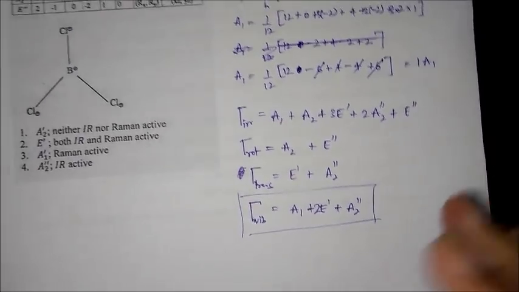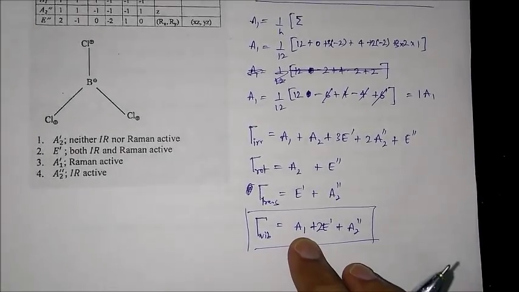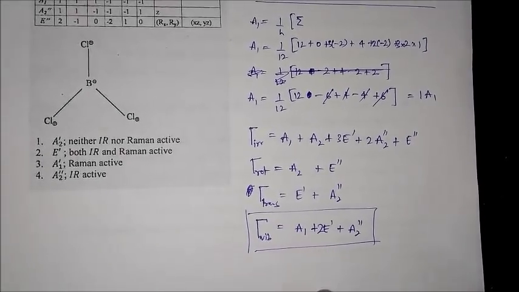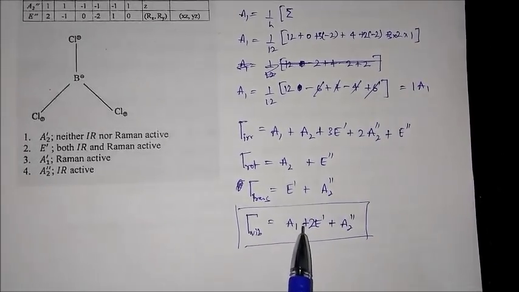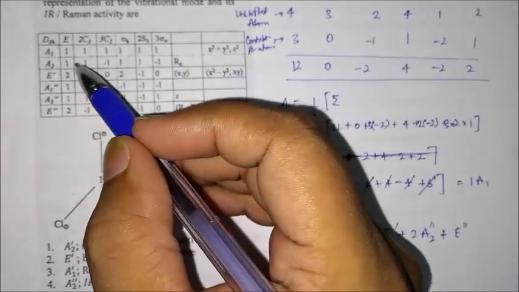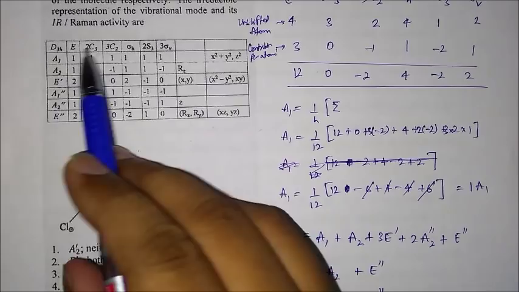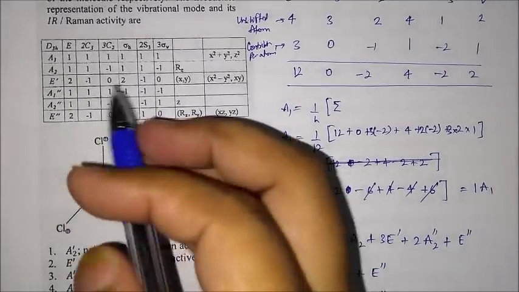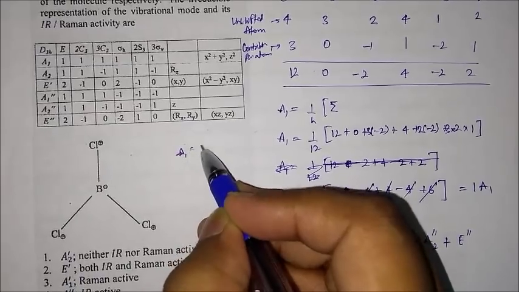Now you have to check this vibrational mode against the options. a1 and a1 prime are both the same for this, because prime is applied when the thing is symmetric with respect to sigma h. So a1 is symmetric with respect to sigma h, that's why for this character table, a1 equals a1 prime.